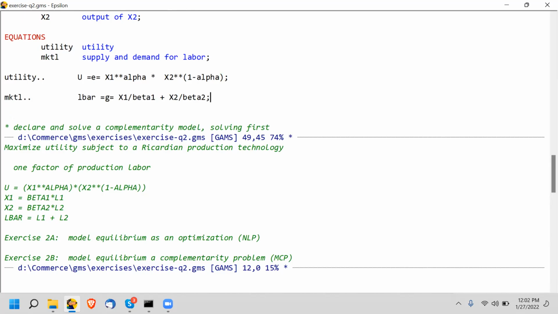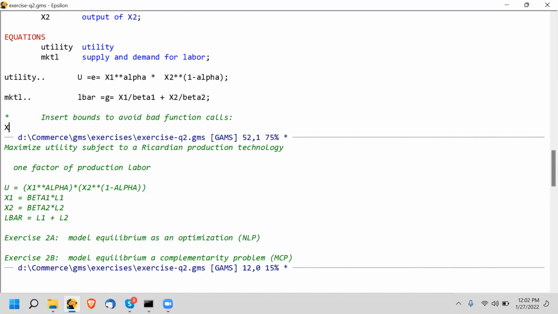And then again, insert bounds, avoid bad function calls. X1 dot L low is equal to 1 e to the minus fifth.